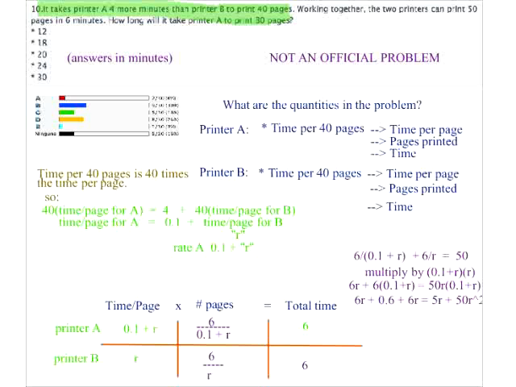So that looks like 0 equals 50r squared minus 7r plus 0.6. Ew, this is gross.